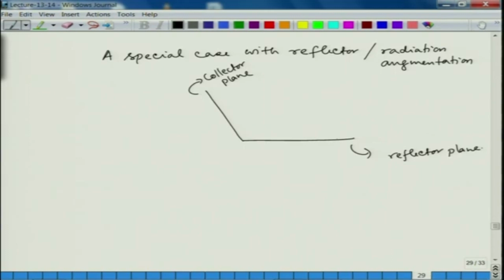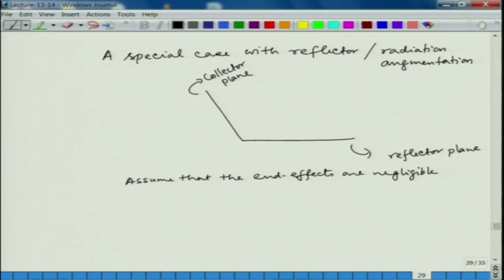And we can assume that the end effects are negligible, because it is almost a two dimensional case when you have one dimension very long.